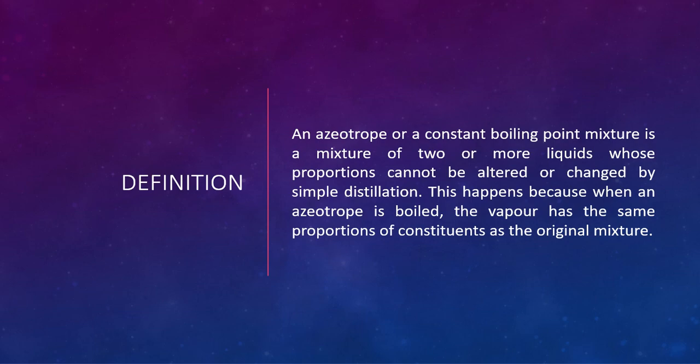Now, another way that I like to understand azeotropes is by comparing them with a pure substance. When we talk about water, we say that a pure substance always has a boiling point. Water has a boiling point. But when we talk about a vapor liquid mixture, from the concept of the boiling point diagram, we have always studied that a binary mixture, or a mixture of two or more liquids, has a boiling range.